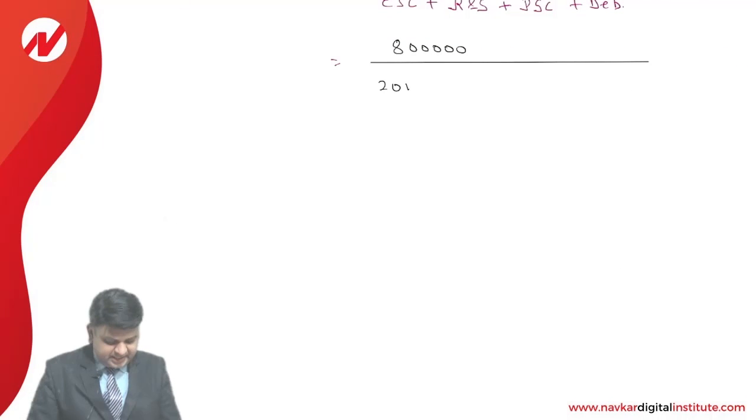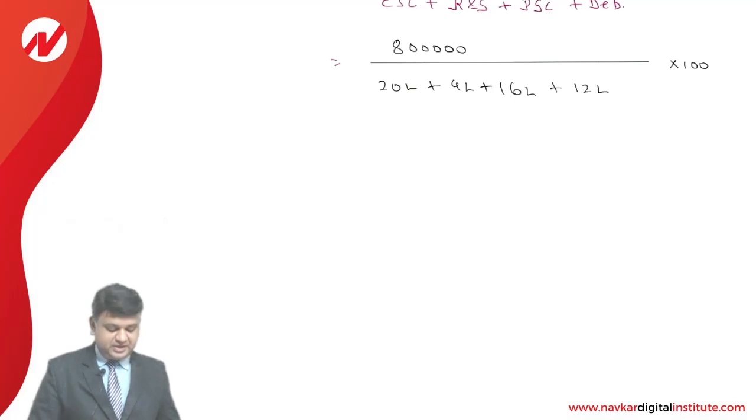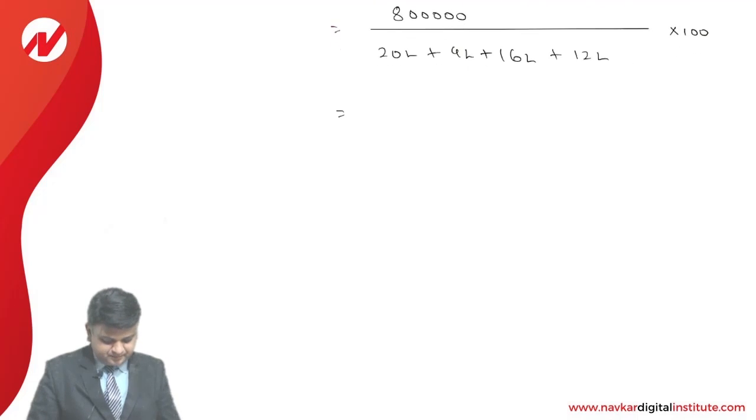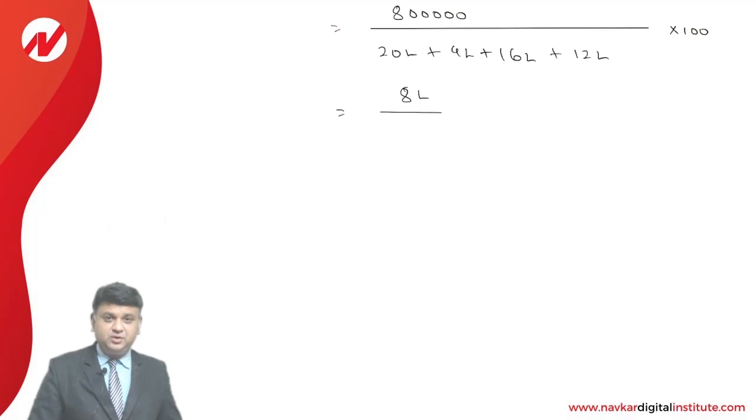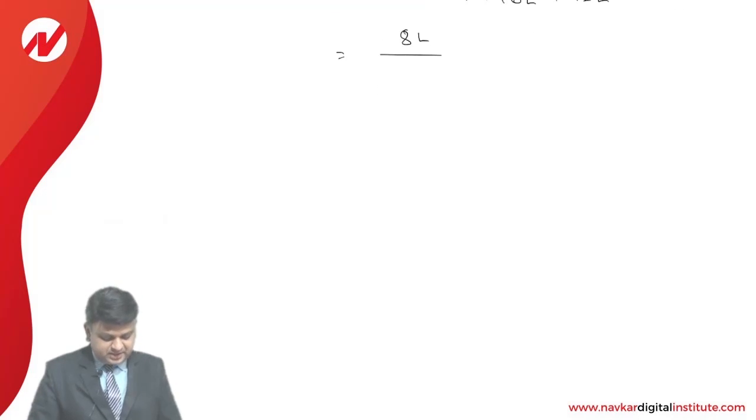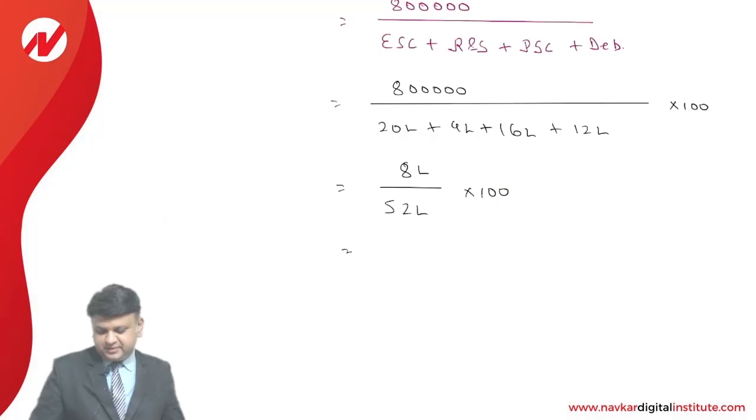So it is 20 lakhs plus 4 lakhs plus 16 lakhs plus 12 lakhs, into 100 for getting the answer in percentage term. So it is 8 lakhs upon 20 plus 4, 24, 24 plus 16, 40, 40 plus 12, that comes to 52 lakhs.